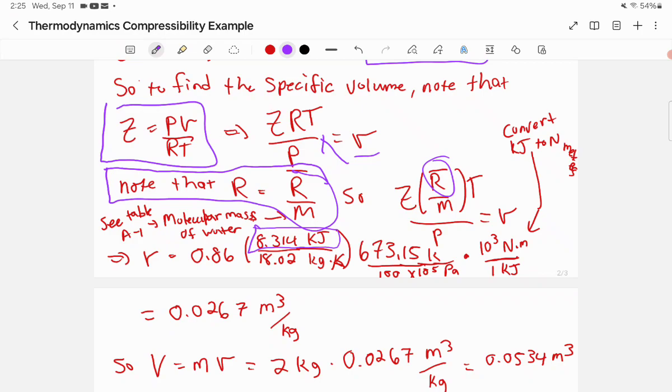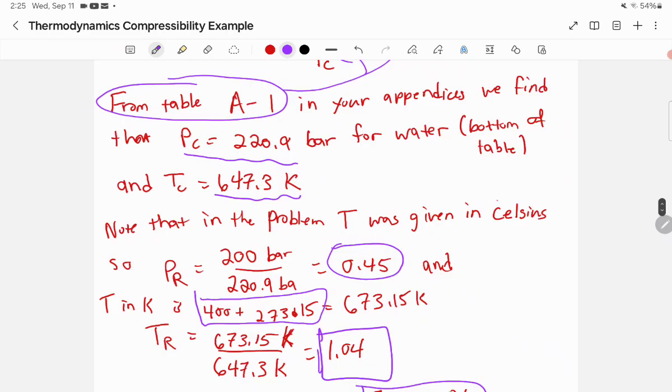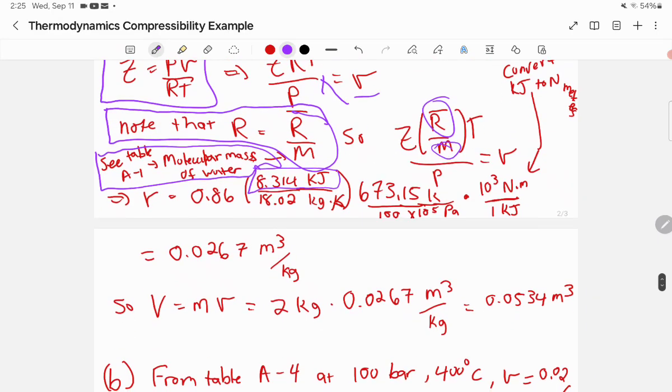And the molar mass, this M here, this is the molecular mass of water, and we get that also from table A1. You can read it right off the same table values that we found up here to get the critical pressure and the critical temperature.